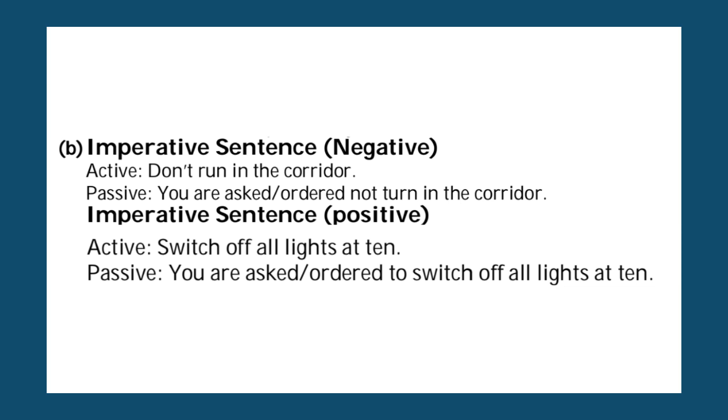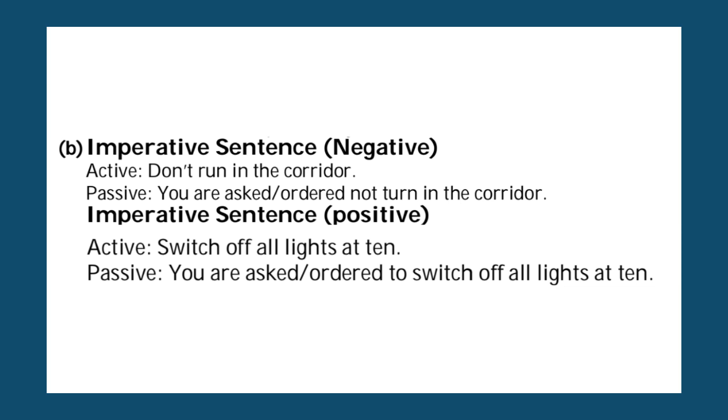Now we can look at how a positive imperative sentence can be changed to its passive form. Okay, here one example is given. Switch off all lights at 10. It's a positive sentence. The negative word no or not is not used. So it's a positive sentence. And see what the passive voice of that sentence is. You are asked or ordered to switch off all lights at 10.